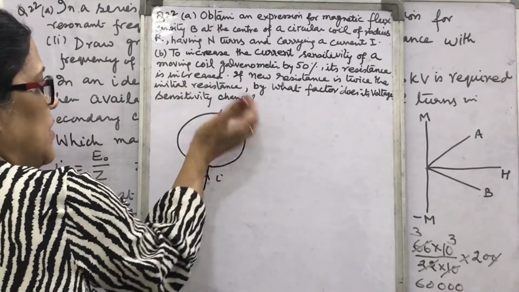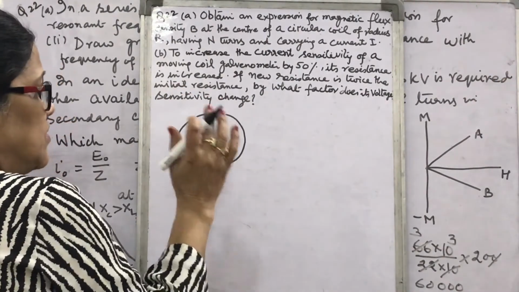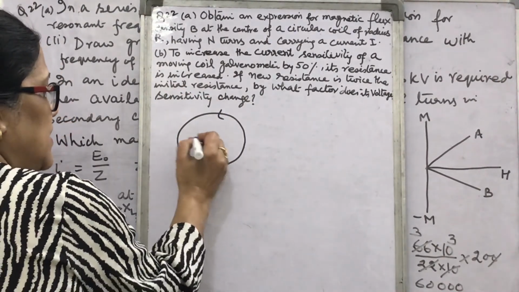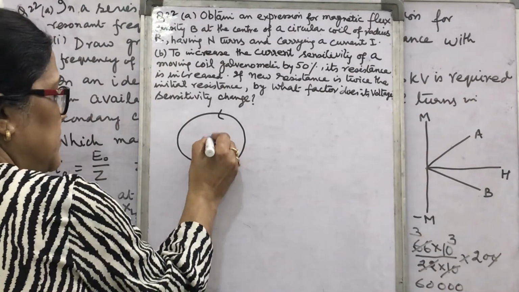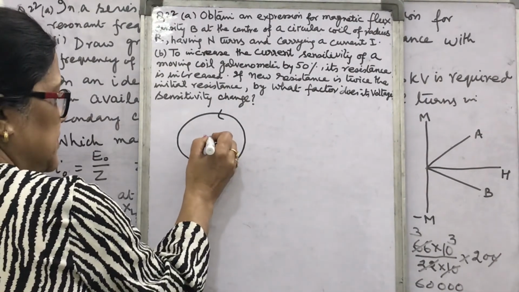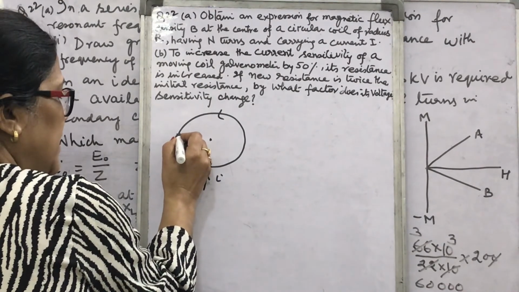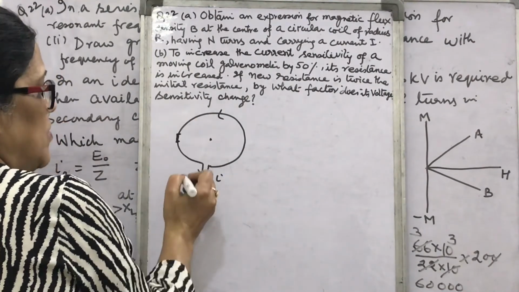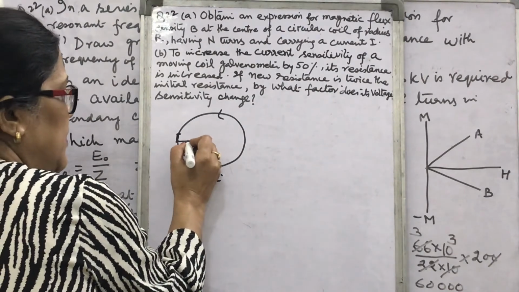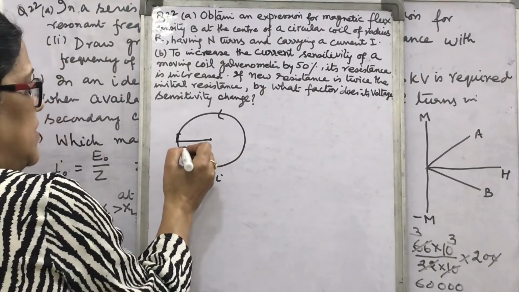In Biot-Savart's law, we have seen that for the center, suppose this is the center, and for a very small current element, what will be the magnetic field?